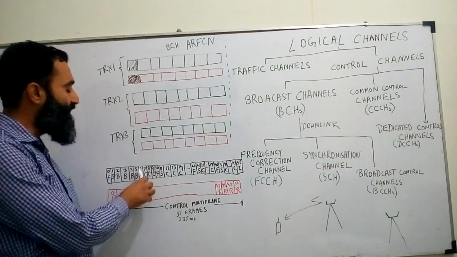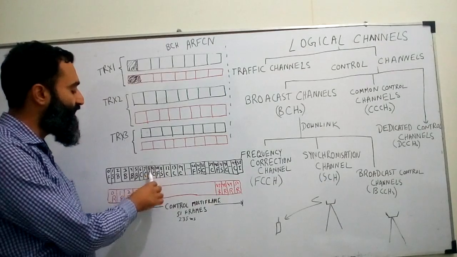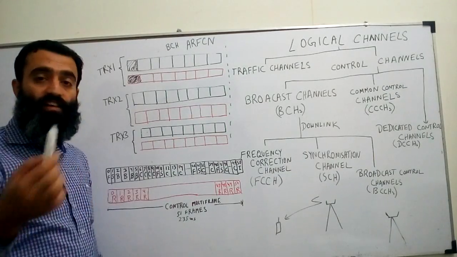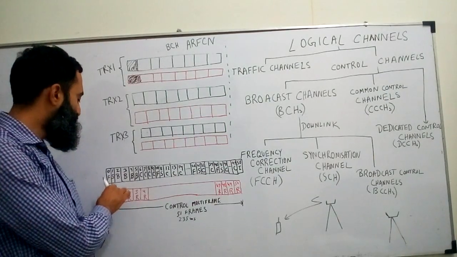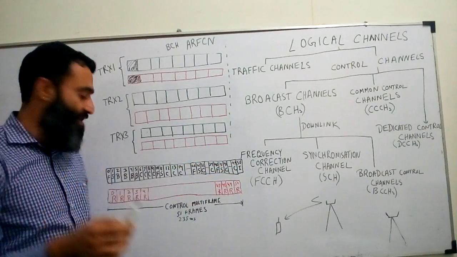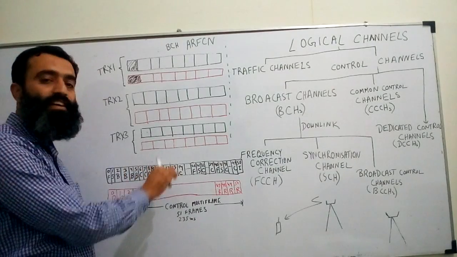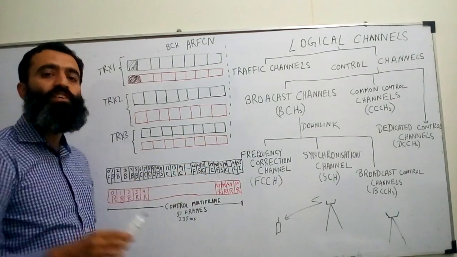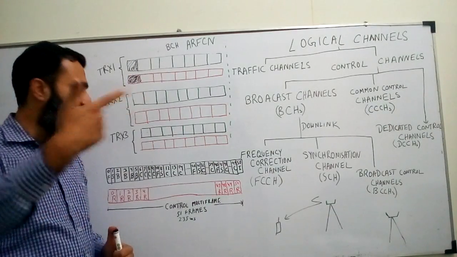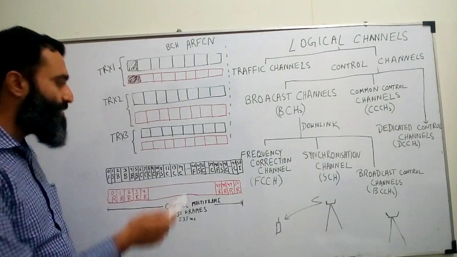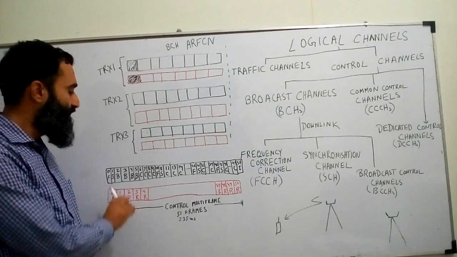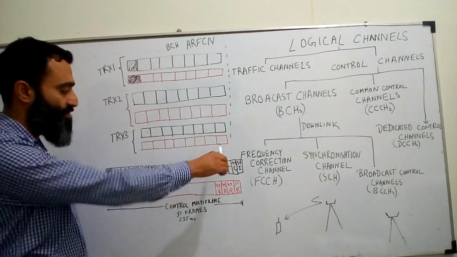And then in the first time slot of the 6th, 7th, 8th and 9th frame, I have the common control channels. And I can very well see that the frequency correction channel, or FCCH, repeats after 10 frames. This means that they repeat in the first time slot after 10 frames. Similarly, the synchronization channel also repeats after 10 frames.